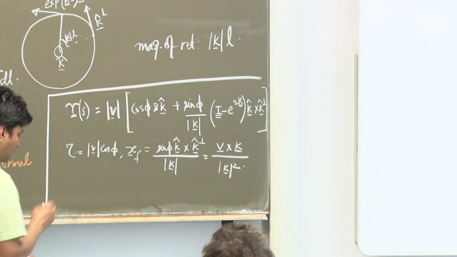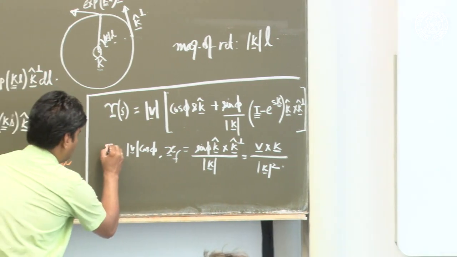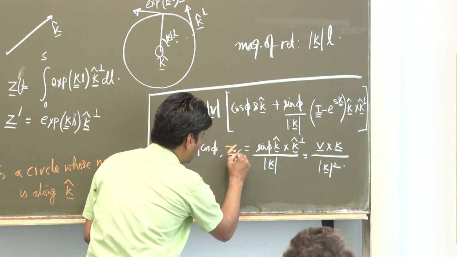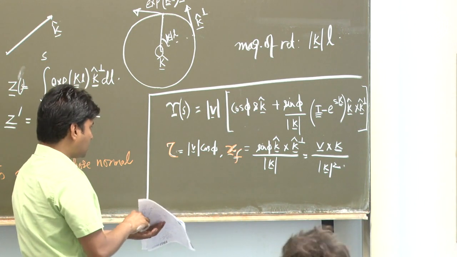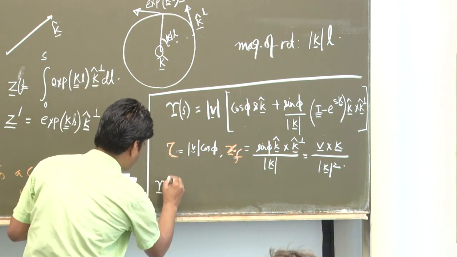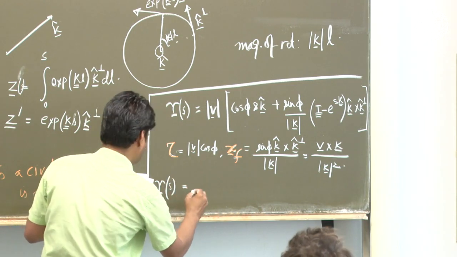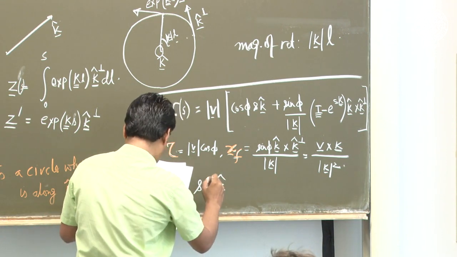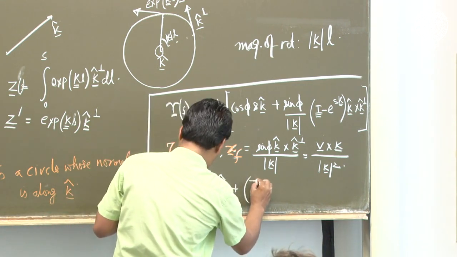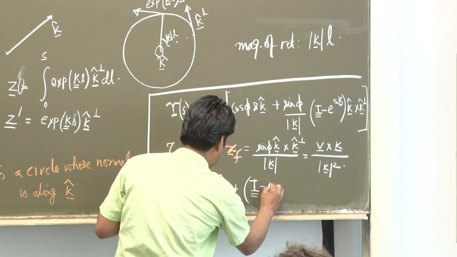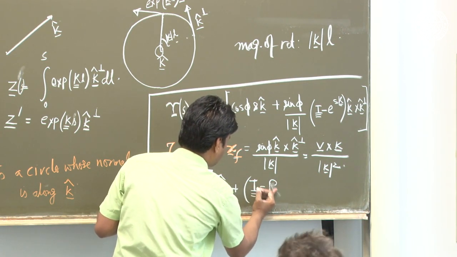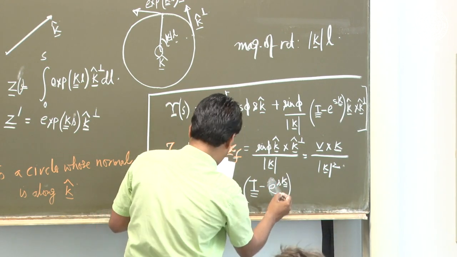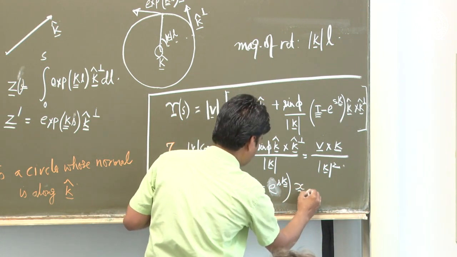Okay, so we define tau and xf, and then you can write your little r of S equal to S tau k hat plus identity minus exponential of s k, e to the power s k, into x f.